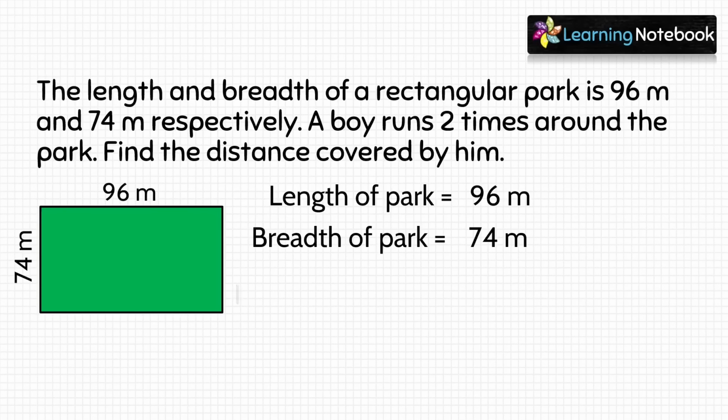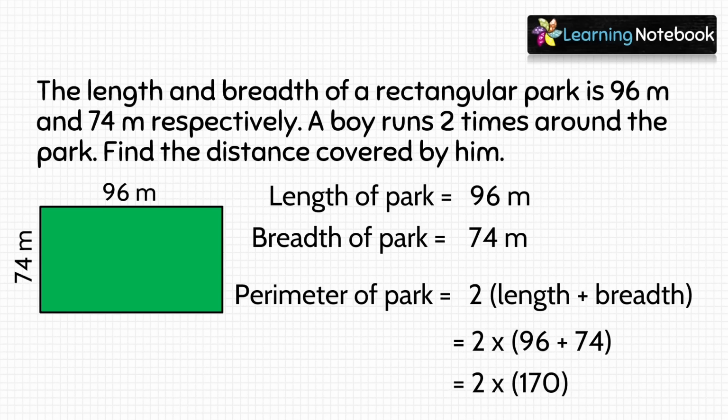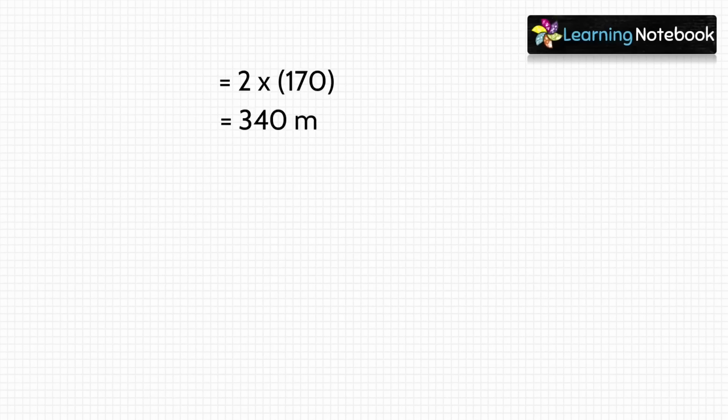So let's find the perimeter of this rectangular park. We know perimeter of a rectangle is 2 into (length plus breadth). So let's put the values of length and breadth here. We get 2 into (96 plus 74). And 96 plus 74 is 170. So we get 2 into 170, which equals 340 meters.